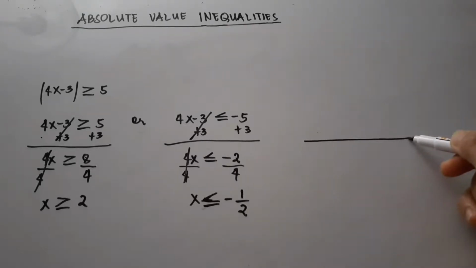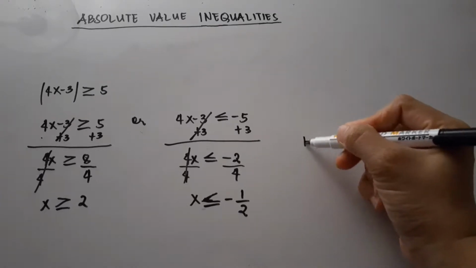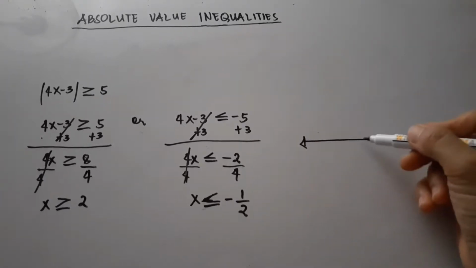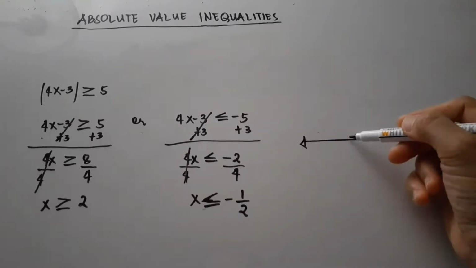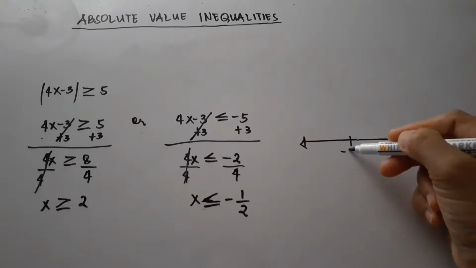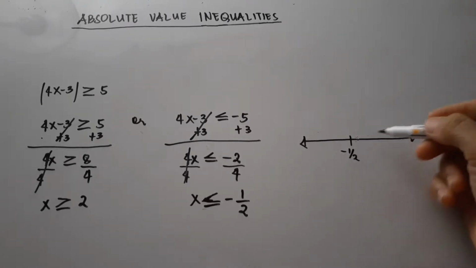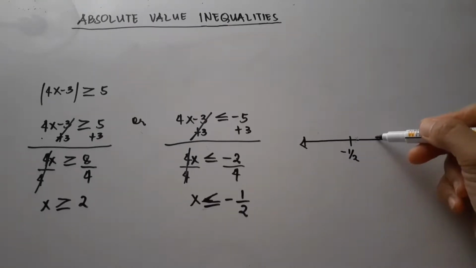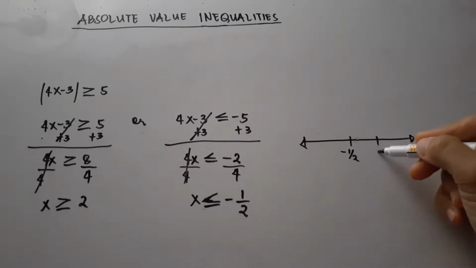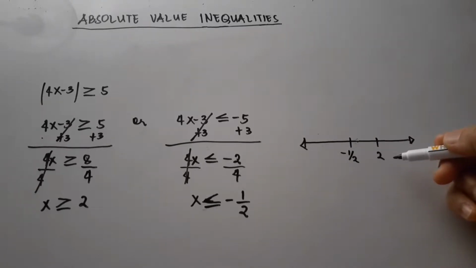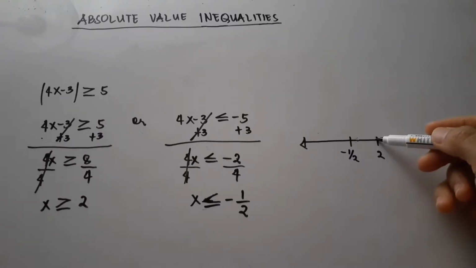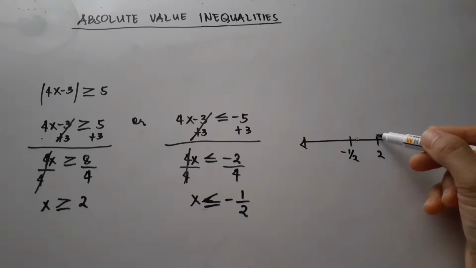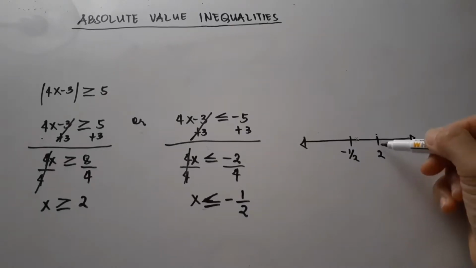Then let's check the interval notation. First, we draw the number line and locate the directions of the values of x. So we have negative 1/2 and positive 2. Remember that the positive side, on the right, is positive infinity, and the left side is negative infinity.